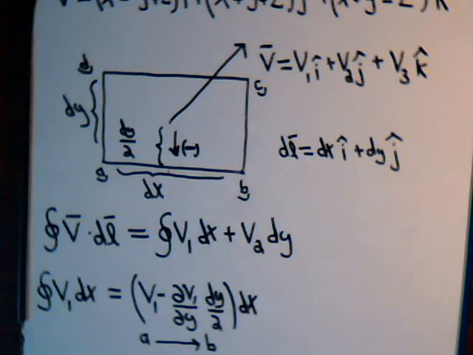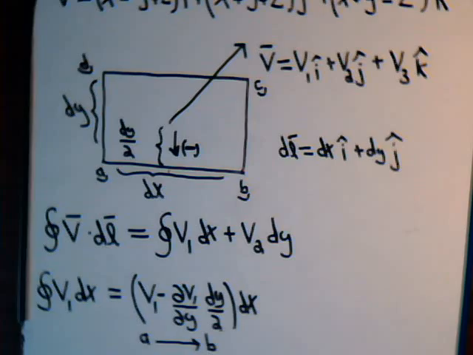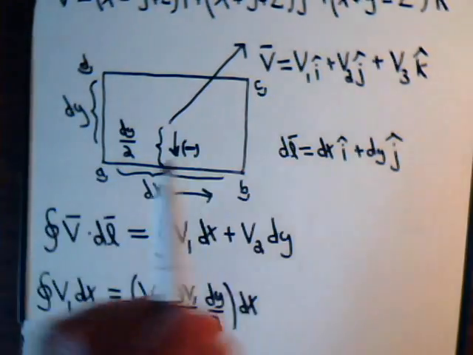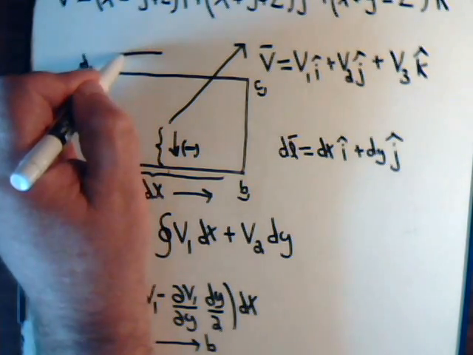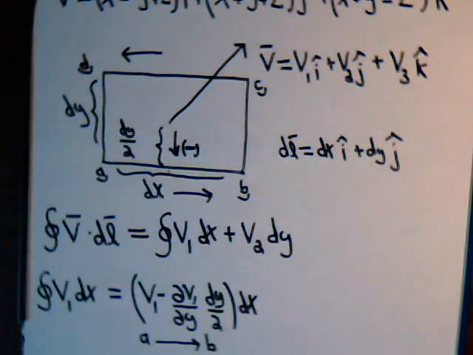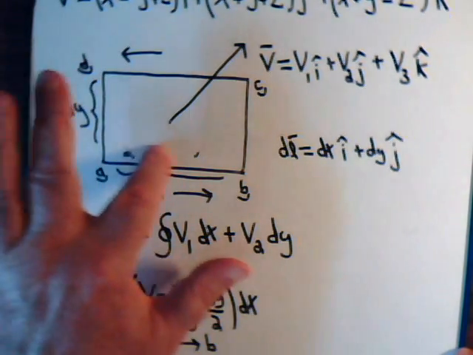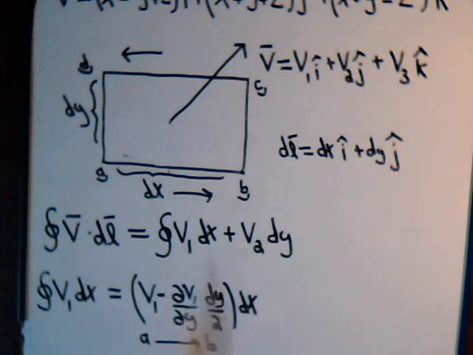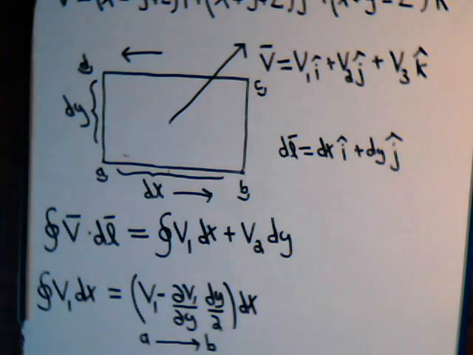Now going here to here, dx is 0. So now we're going in this direction. Now we're going from C to D, so we're going in this direction. But that means we have to get our vector in juxtaposition with the CD differential path.